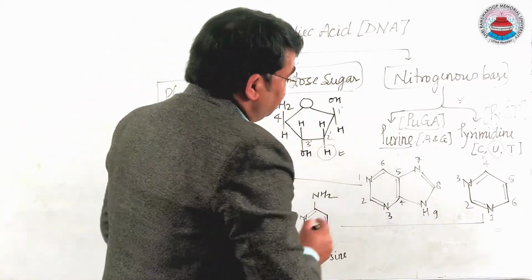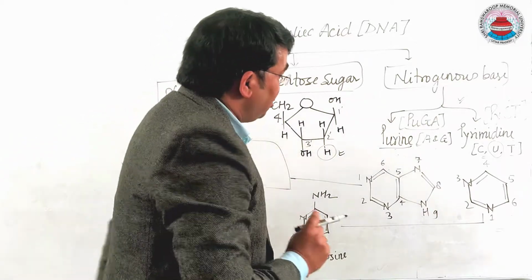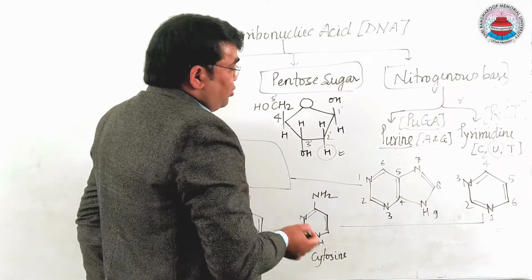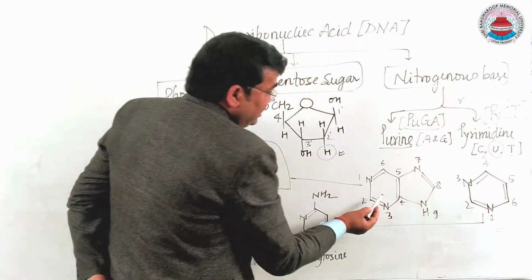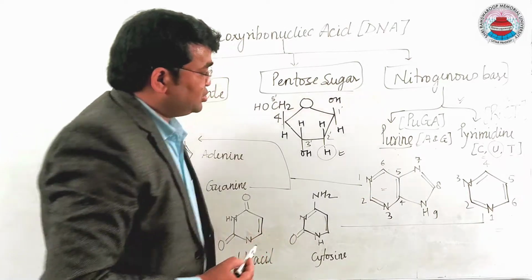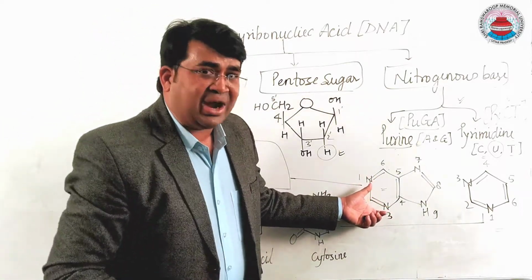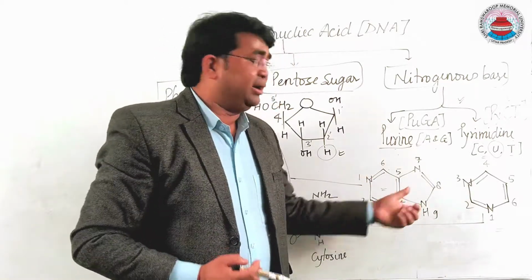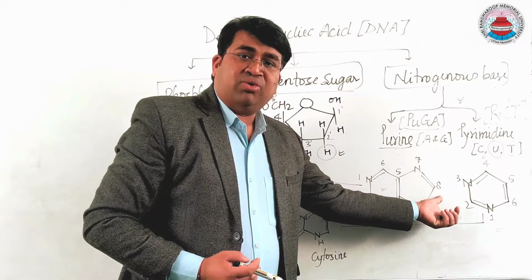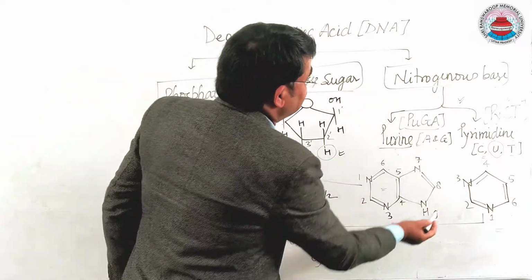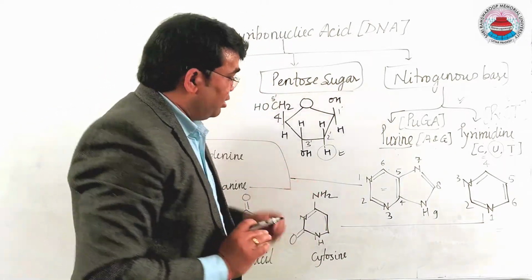Next is purine. Purine is a double ring compound. Now you can see here the structure of pyrimidine is present here. So this is the same. What you have to remember is, if you add another 5 atom ring where 2 atoms are nitrogen and 1 is carbon, it makes the purine ring. So it is a double ring compound.